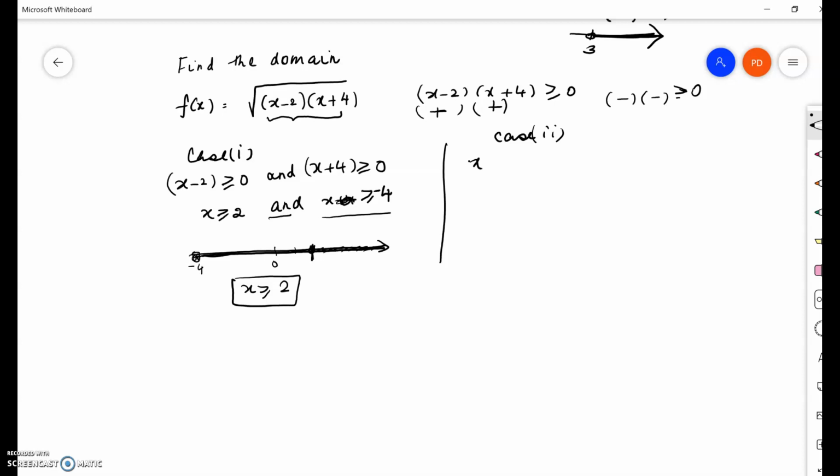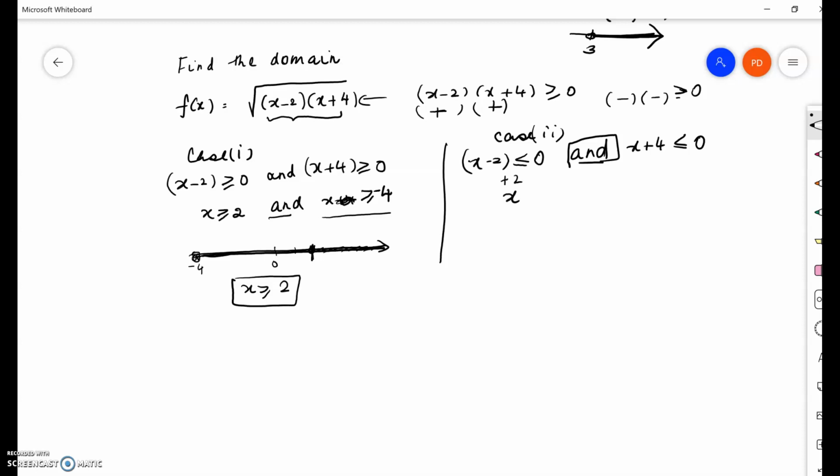So another case is x minus 2 is less than or equal to 0. So that's negative or 0. And x plus 4 is less than or equal to 0. Both have to be true for the inside to be either positive or 0.